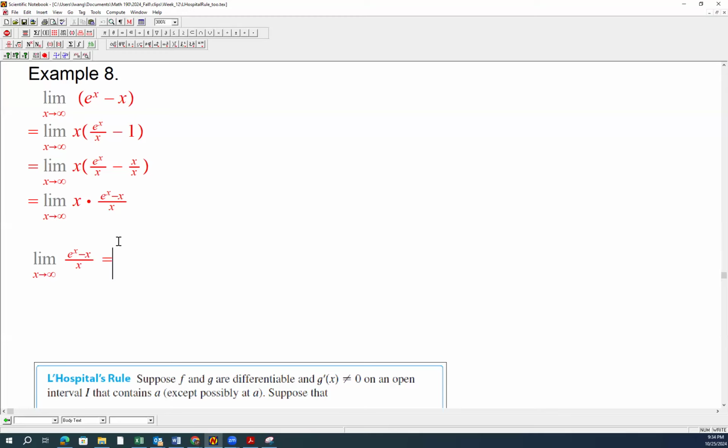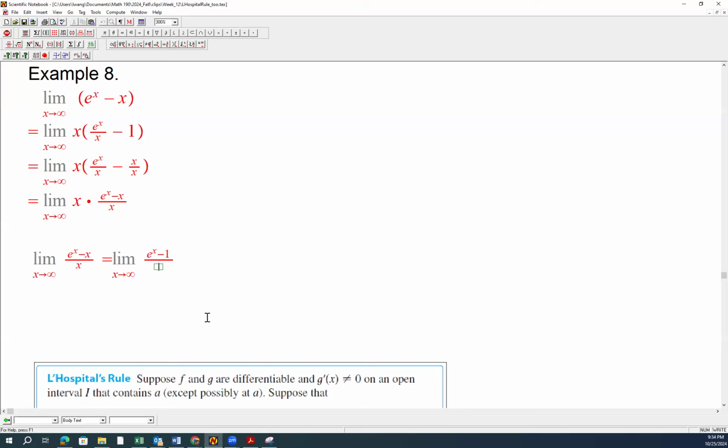We can apply L'Hopital rule because the numerator, when x is approaching infinity, e to the power x minus x, is going to be approaching infinity. The denominator is also approaching infinity, so we can take a derivative of the top, which is going to be e to the power x minus 1.